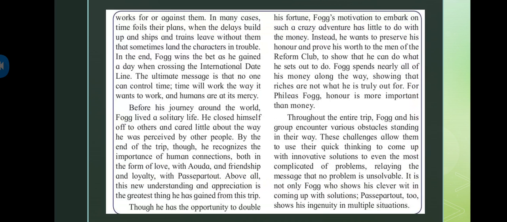Throughout the entire trip, Fogg and his group encounter various obstacles standing in their way. These challenges allow them to use their quick thinking to come up with innovative solutions to even the most complicated of problems, relaying the message that no problem is unsolvable. So as they were proceeding with their journey, visiting different places, obviously if we are on a journey, we will see obstacles also.